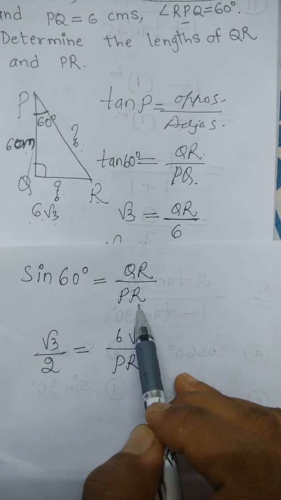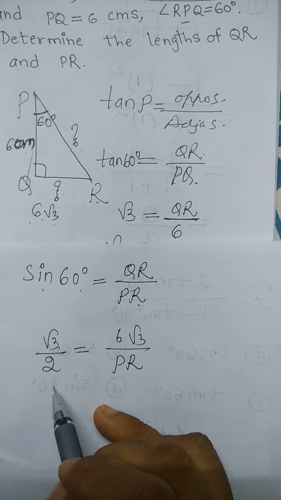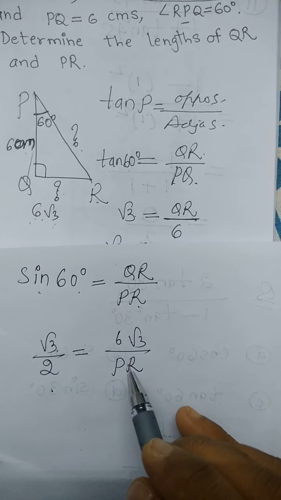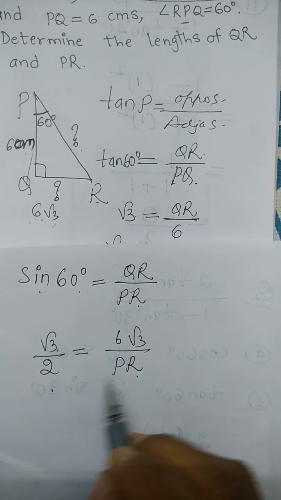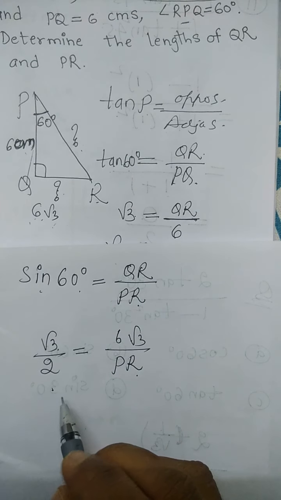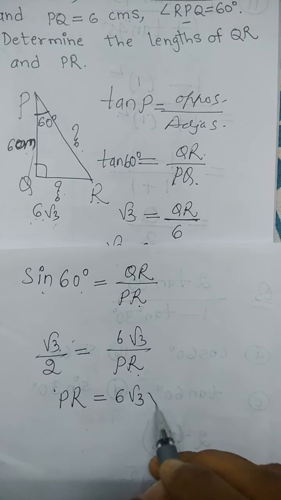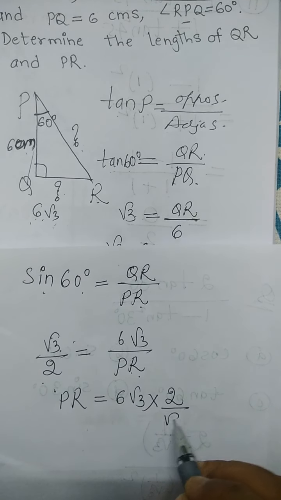Sine 60 degree value is root 3 upon 2, and QR value is 6 root 3, which we just got, upon PR. Now cross multiply. PR equals 6 root 3 into 2 by root 3.